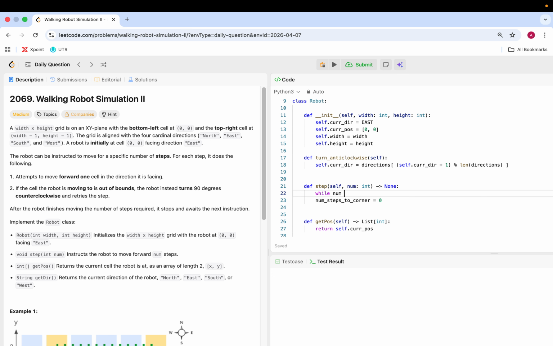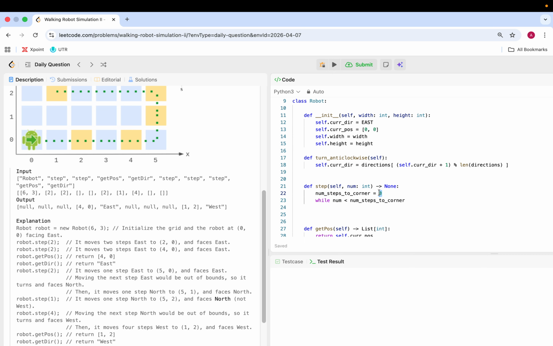Do I know that? Or is it less than? Isn't it? It's less than. And I should make this like float infinity or something.